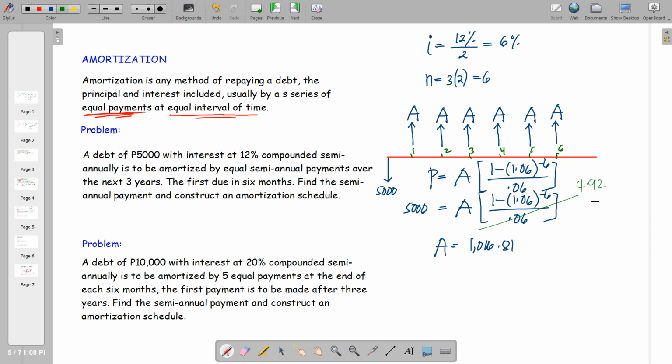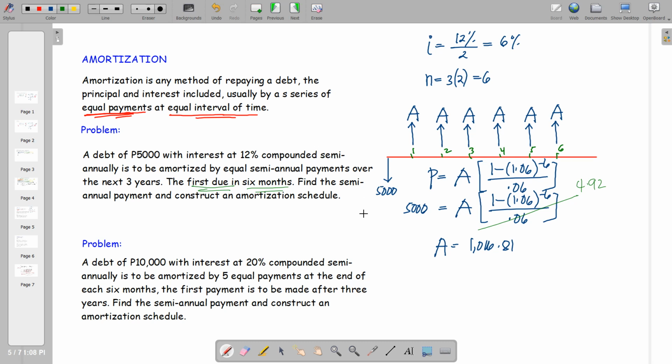So 5,000 divided by 4.92 will yield to 1,016.81 pesos. So this will be the value of the equal payment starting, okay, sa 6 months. So kapag 6 months, of course, the interval of this one is 6 months. Kaya sa first period pa lang, nagsimula na yung annuity.